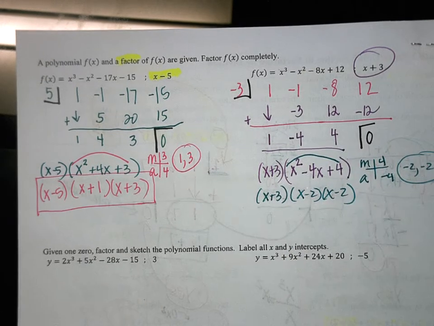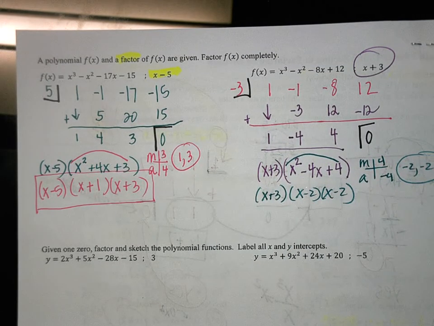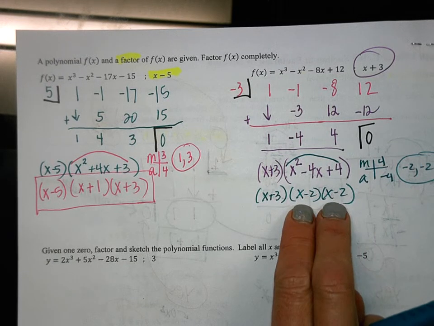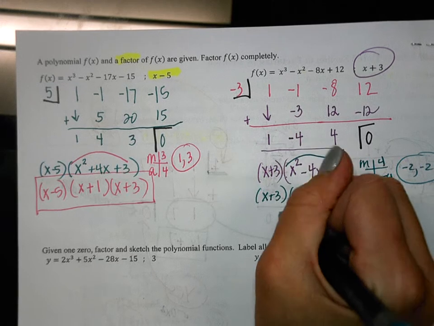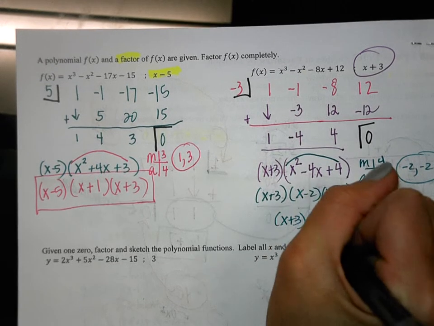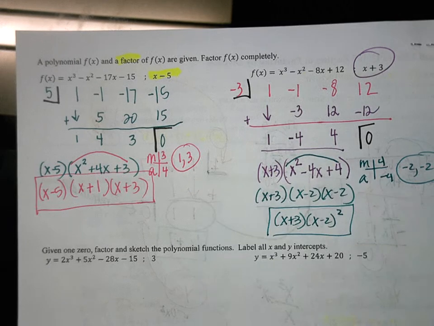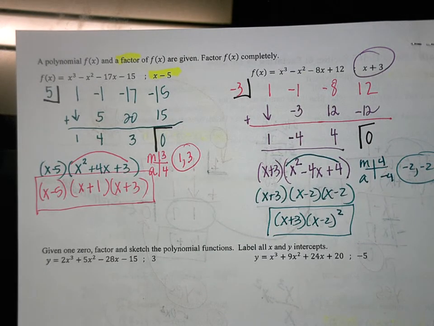Does everybody agree with that? Because you have two that are exactly the same, and Calissa just mentioned this to us, we want to write that as a squared term. So that means I really have x plus 3 and x minus 2 squared.